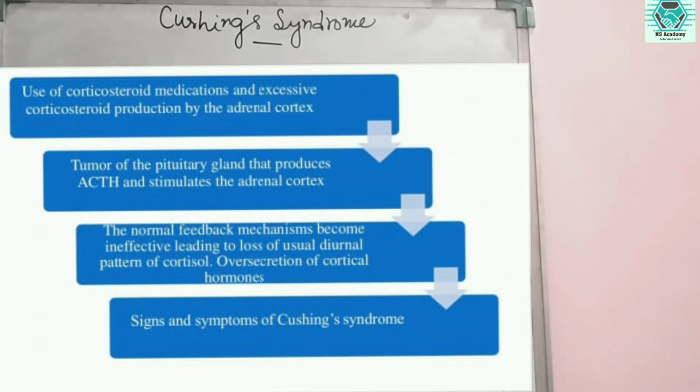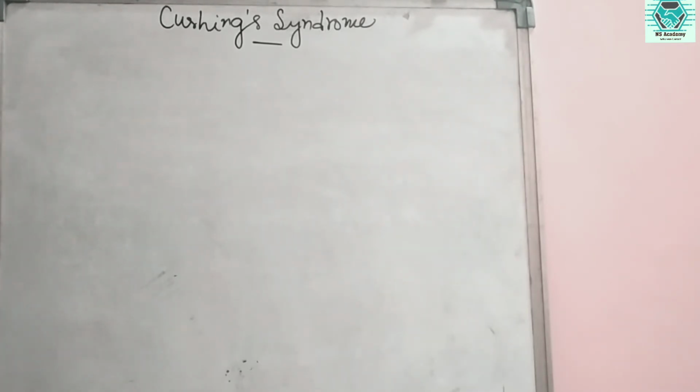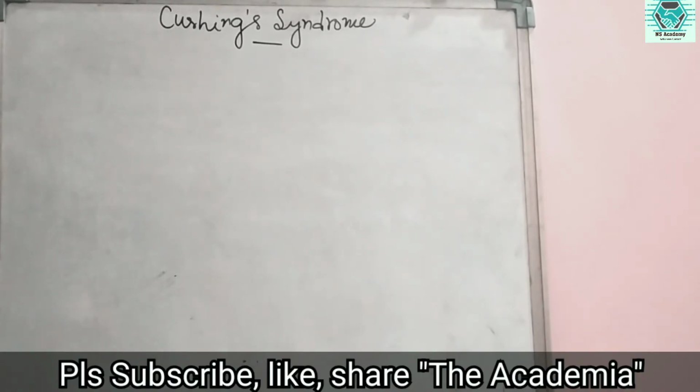The normal feedback mechanism becomes ineffective, leading to the loss of the usual diurnal pattern of cortisol, and oversecretion of cortisol hormone then occurs, and it leads to different symptoms like moon face, red cheeks, red striations in the abdomen, thin arms and legs. That, as a whole, is the disorder called Cushing's syndrome.